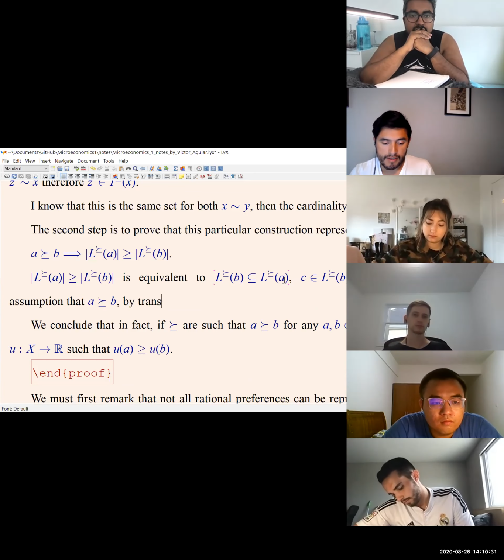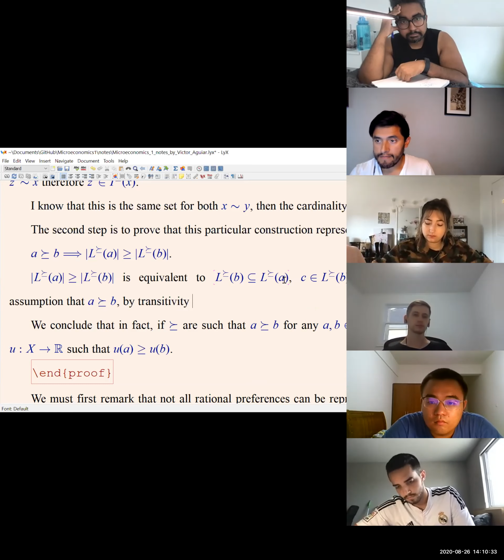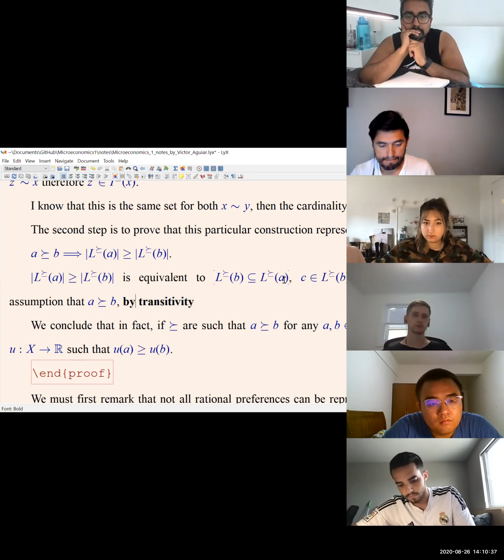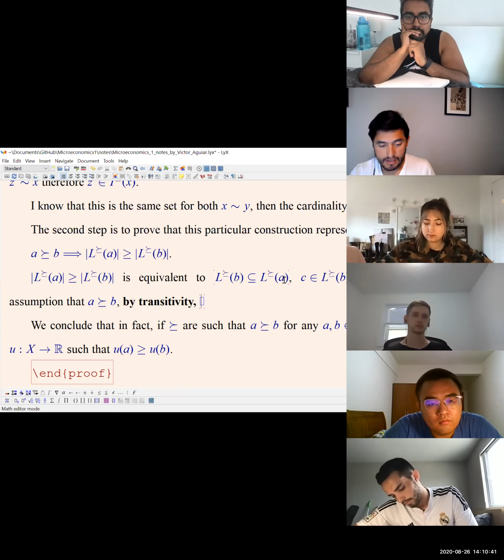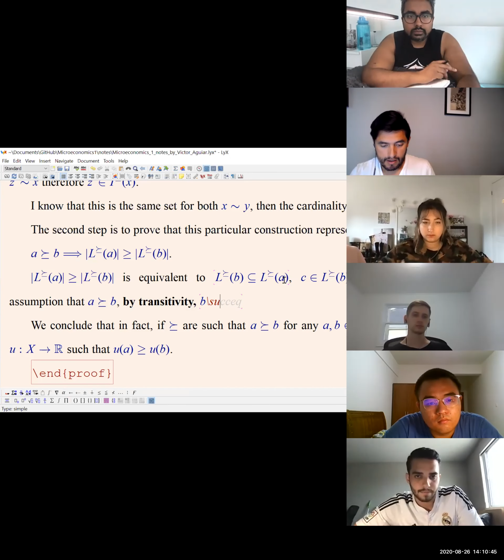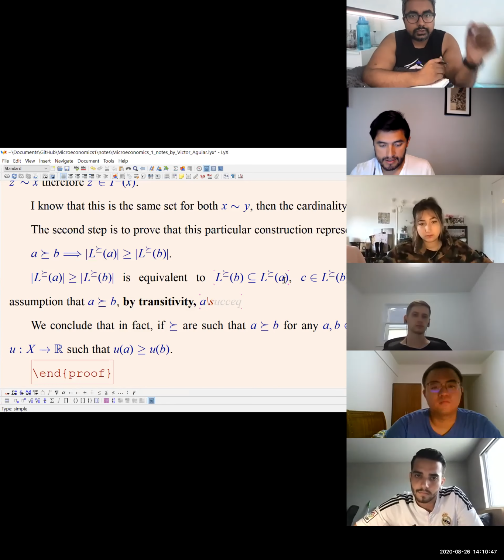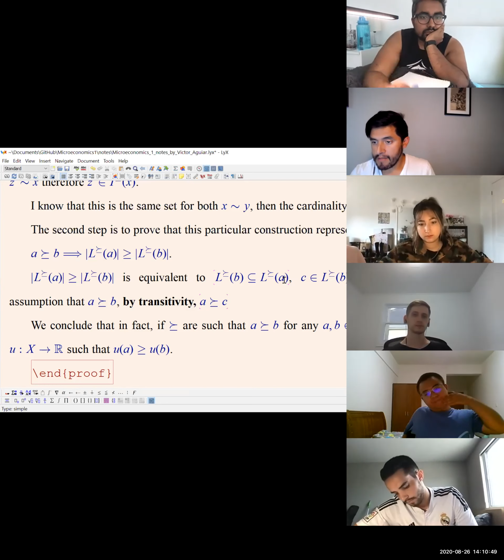Then by transitivity, and this is the key, what happens? A also dominates C, okay?